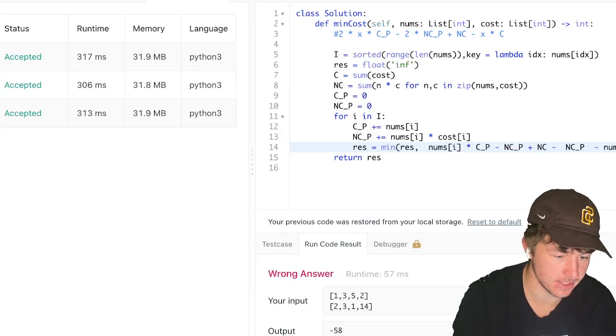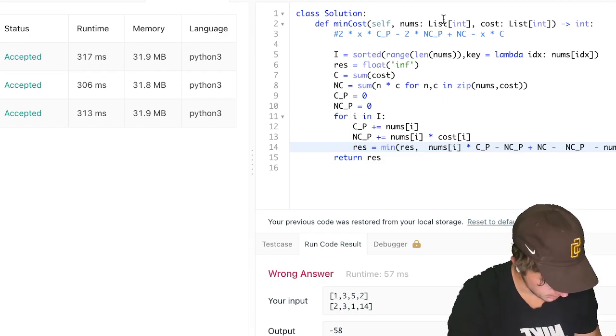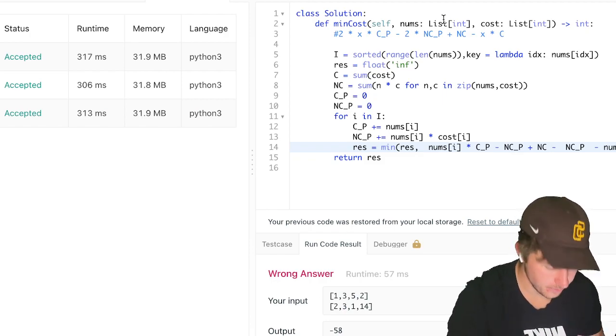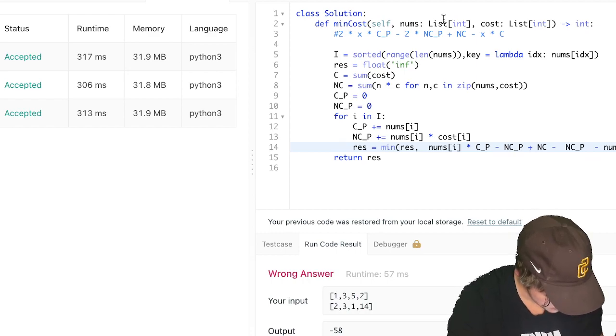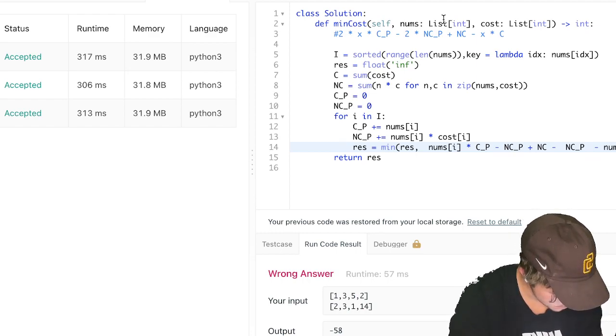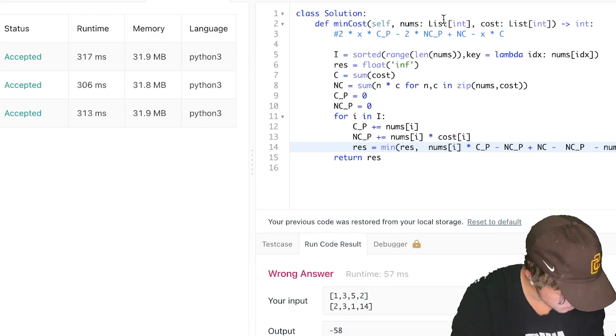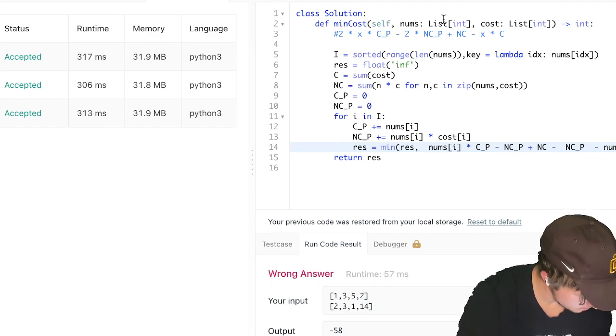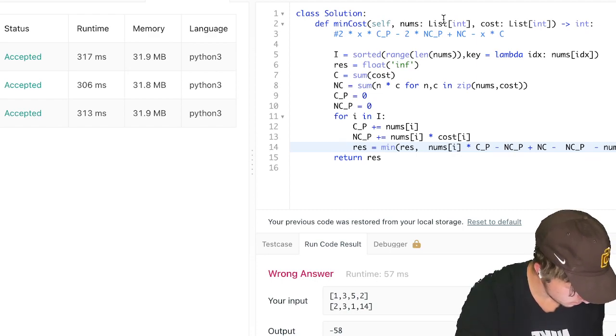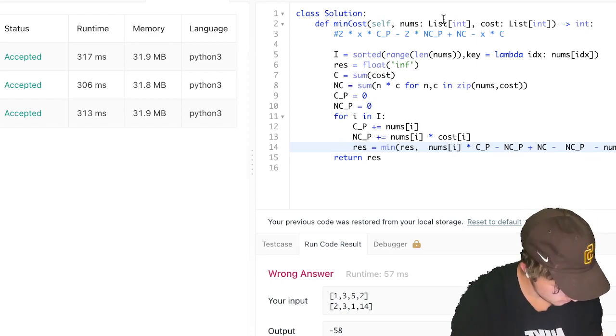Is that the same thing I have here? So let's work that out. So I have 2xc prime minus xc plus nc minus 2 nc prime.